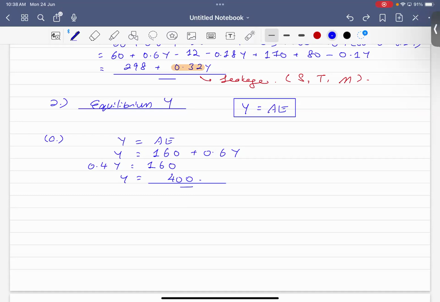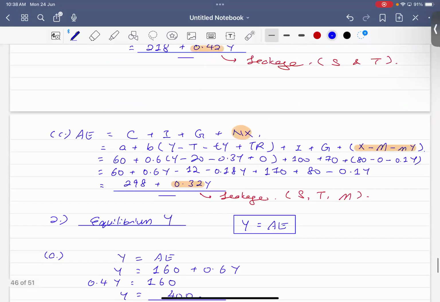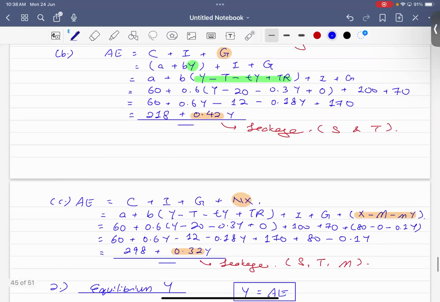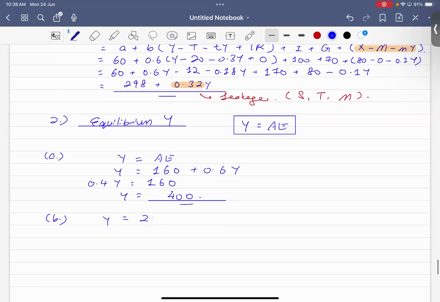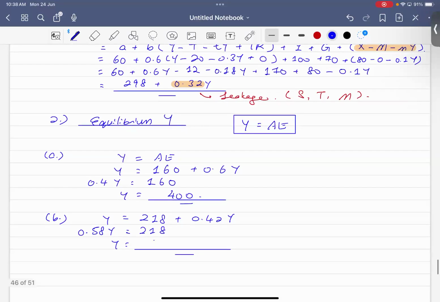Same thing, do question B. Y equals to 218 plus 0.42Y. Okay, and then move around. Y here equals to 375.86.